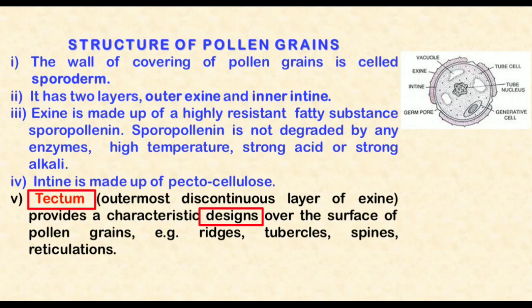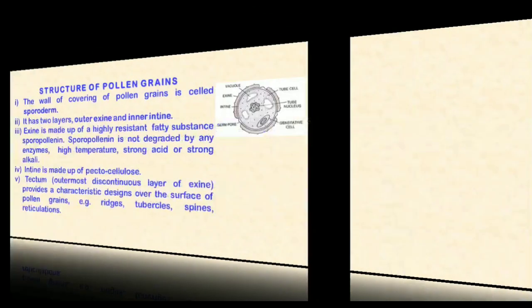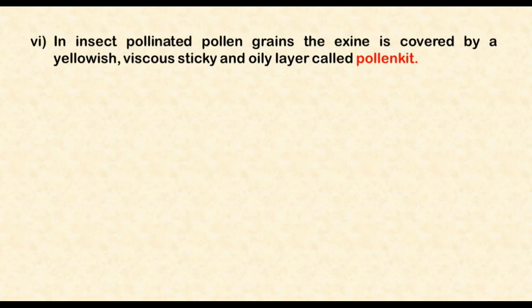Tectum provides characteristic designs over the surface of pollen grains, and different types of designs are present on the surface of pollen grains. In insect pollinated pollen grains, there is a yellow, viscous, oily, sticky substance that is known as pollenkitt.